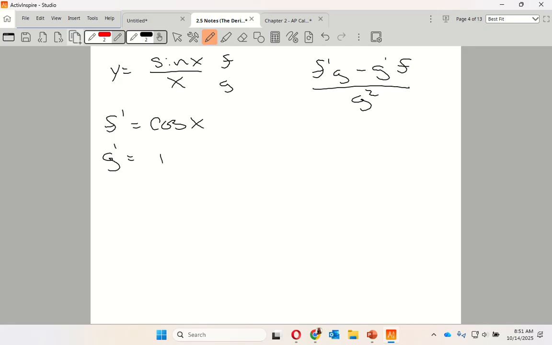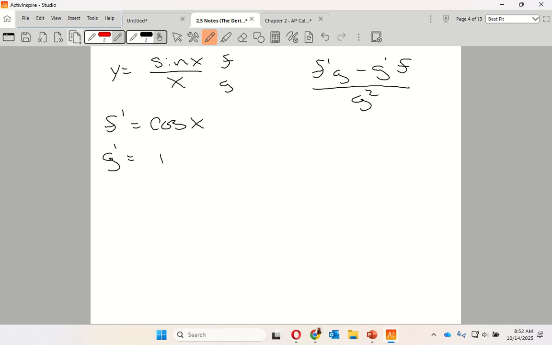Now, if you're looking only at the notes and you didn't watch the video to go along with this, I changed the order. Now it's the same order as what we did in the product rule. So f prime g, g prime f.